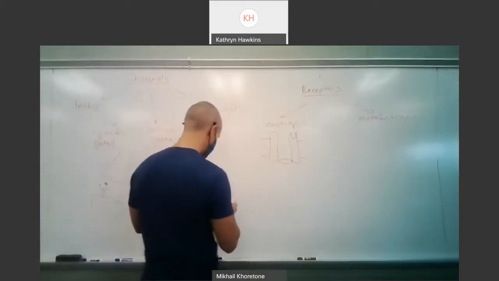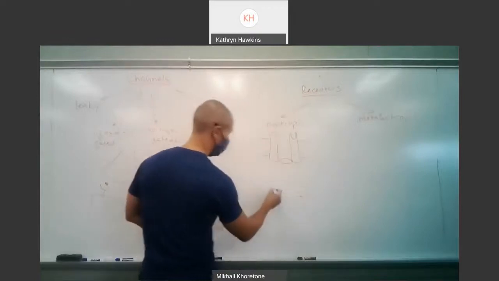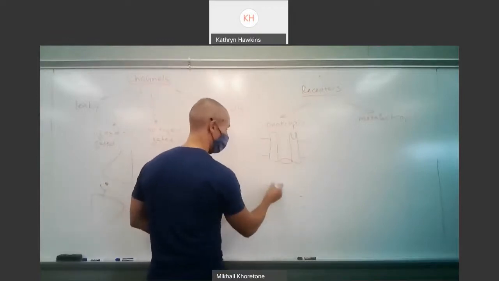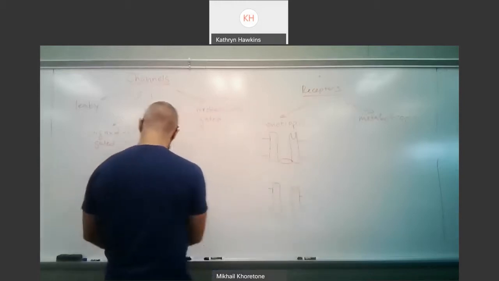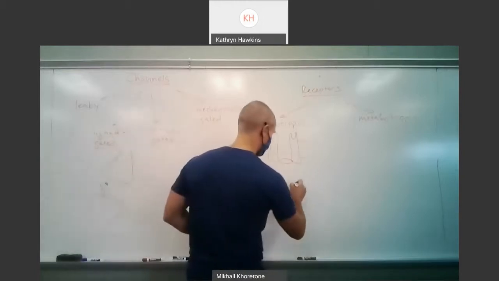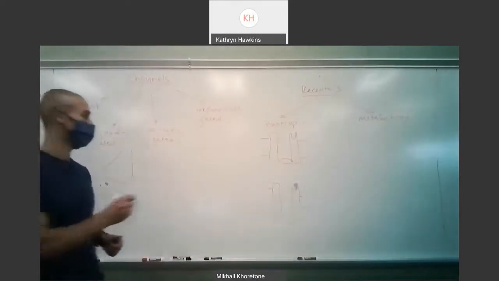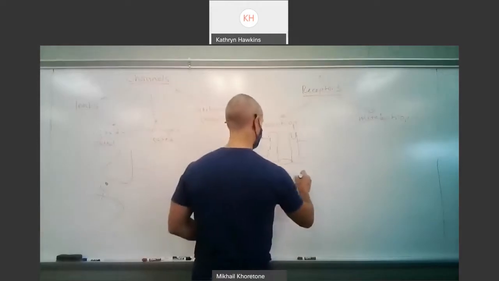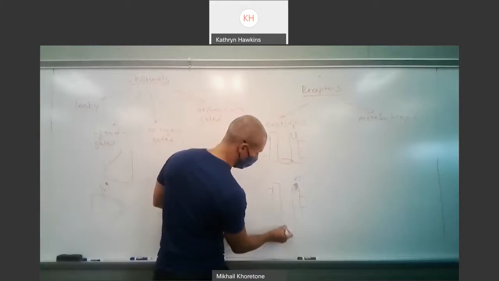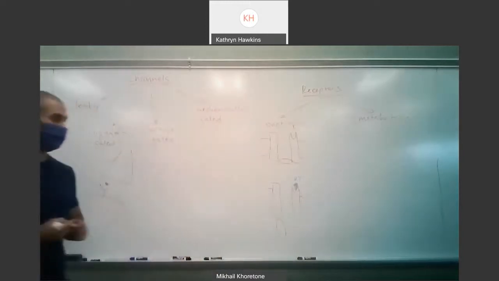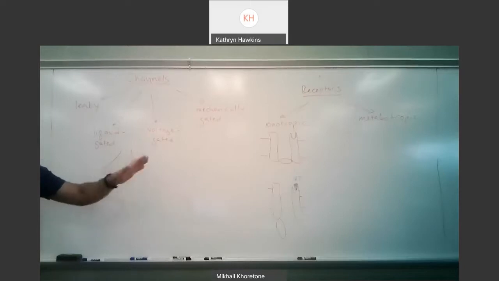So suddenly, not suddenly, but a neurotransmitter binds to the receptor. That blue stuff is the neurotransmitter. What happens is, in response to that binding, the channel becomes open. That's your ligand gate.